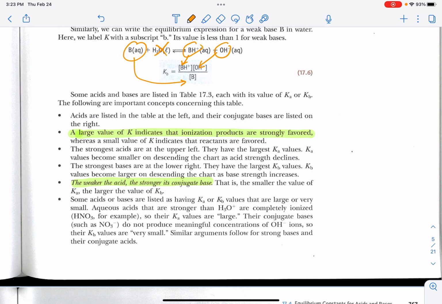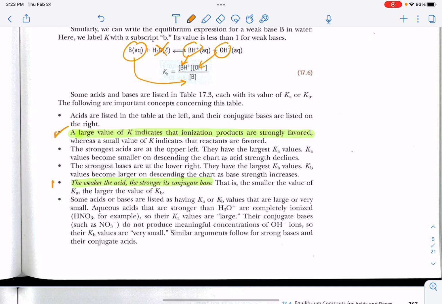Point number 2, right here. A large value of K indicates that ionization products are strongly favored. Obviously, then, a small value of K means the reaction doesn't go to the right very far. And you're talking about a weak acid.